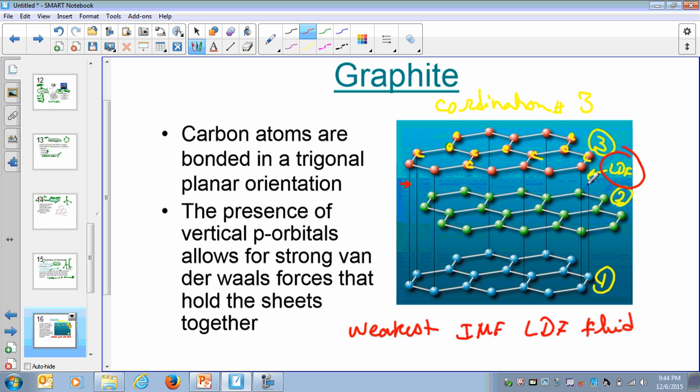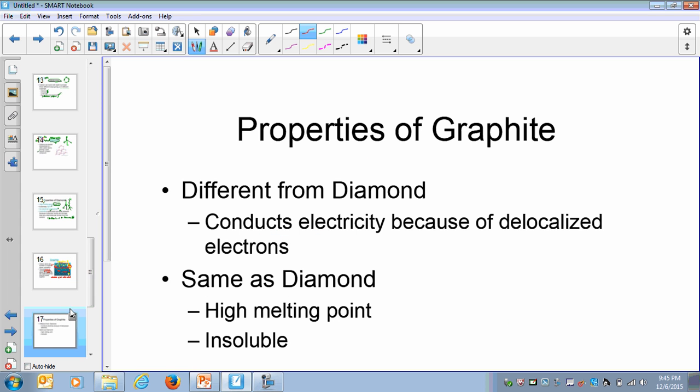London dispersion forces are the weakest intermolecular forces, and because of that weak force, this sheet can slide over this sheet, and the same thing goes on. So that makes it a lubricant. Carbon atoms are bonded in a trigonal planar orientation. The presence of p orbitals allows a van der Waals force that holds the sheets together. Well, it's not really strong, it's a weak intermolecular force.